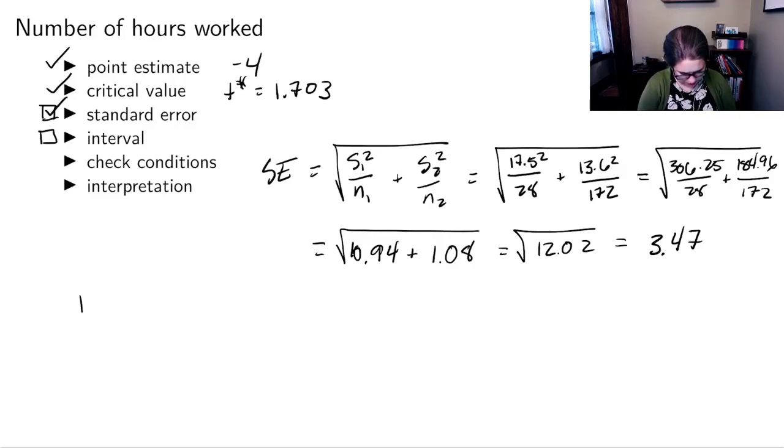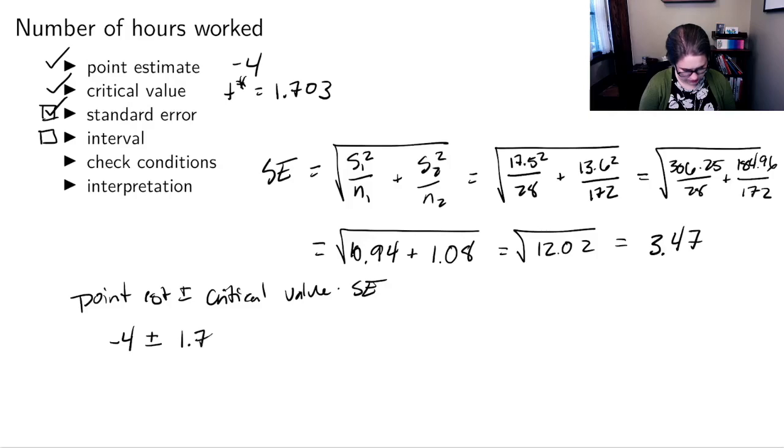So the interval is always the point estimate plus or minus the critical value times the standard error. And in this case, it's going to be -4 plus or minus 1.703 times 3.47. And I'll start by doing that multiplication.